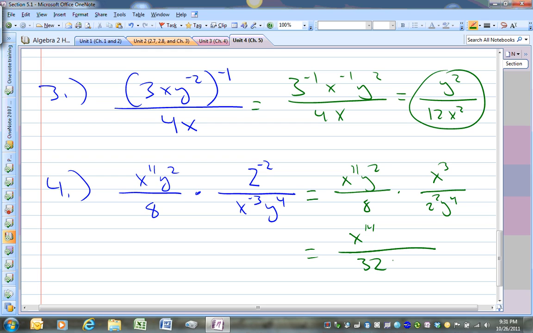And the y squared and y to the 4th become y squared at the bottom, because I subtract the exponents, which is 2 minus 4 is negative 2, but since negative stays in the bottom. And that's how we do that one. So that takes care of section 5.1, and I'll see you guys on Friday. Goodbye.